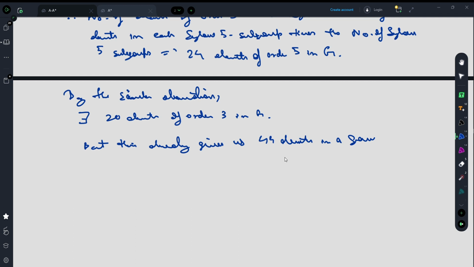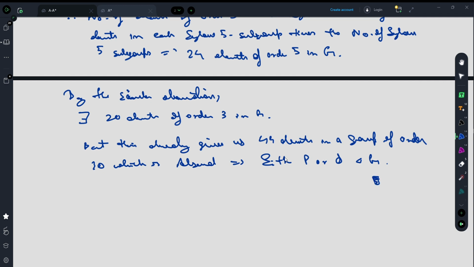But this already gives us 44 elements in a group of order 30, which is absurd. This implies either P or Q needs to be normal in G, and we have our justification.